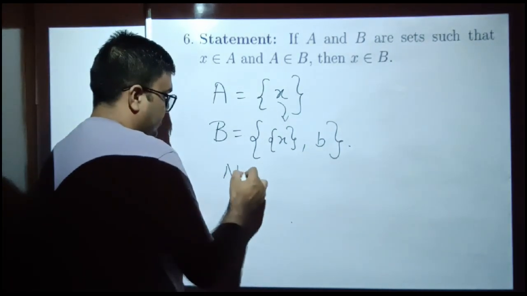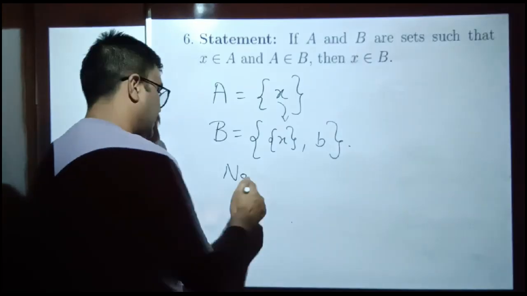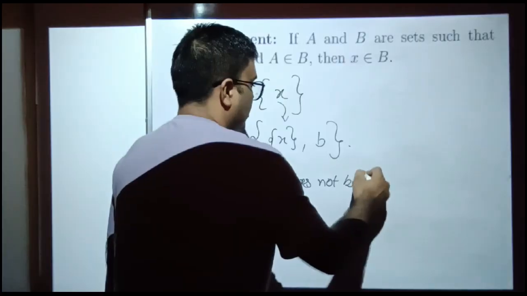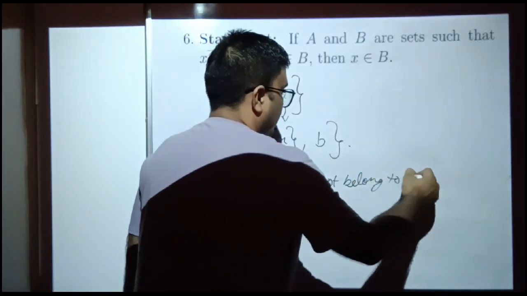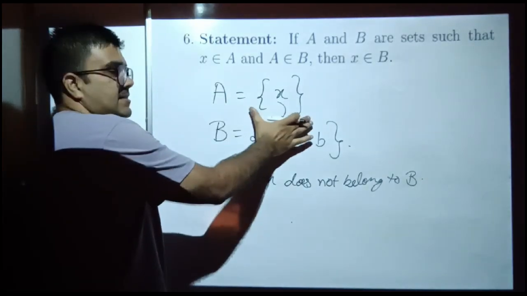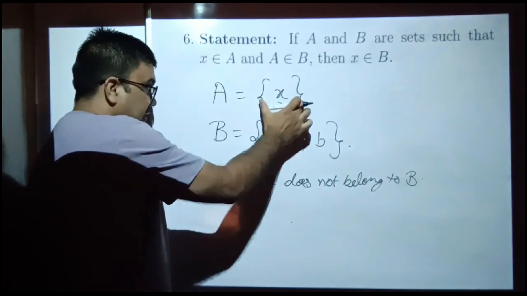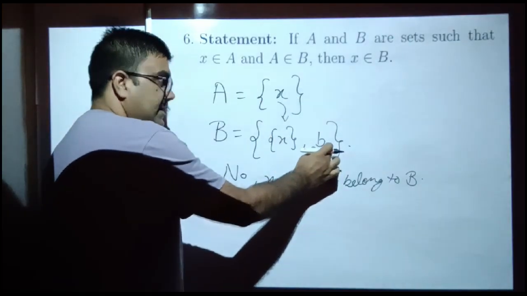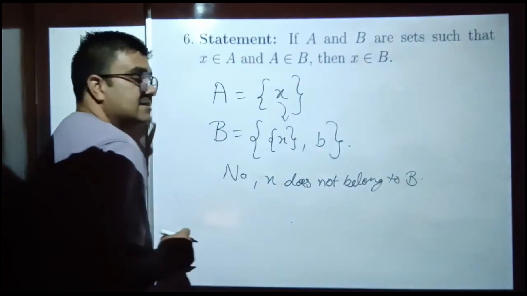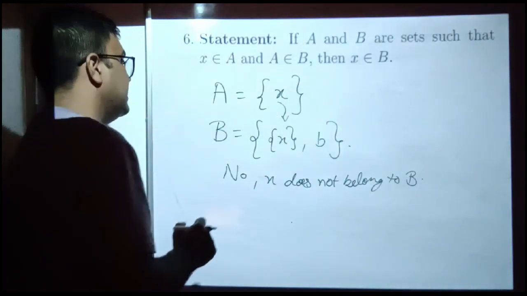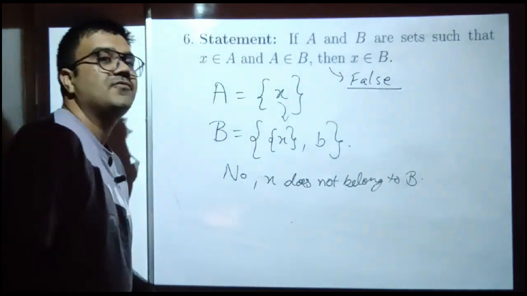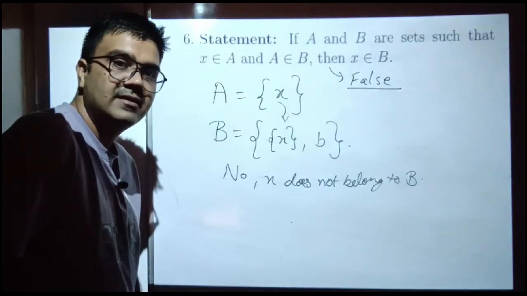They are saying no, x does not belong to B. This is the example we have constructed. If A is this set containing x, B is containing this complete set A and element b, then there is no element x over here. It means that x does not belong to B. So again, this statement is false because it does not hold for all sets A and B.